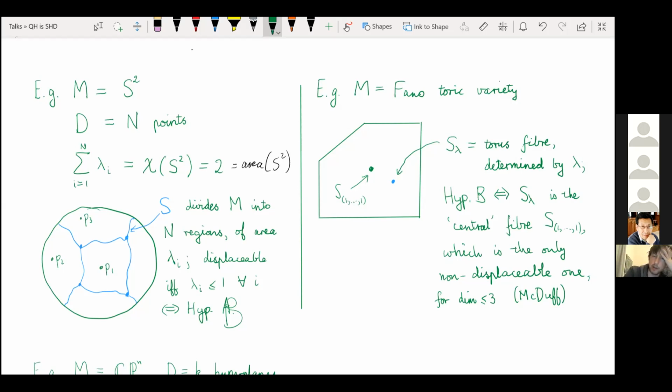You can arrange that the skeleton is a torus fiber, and hypothesis B is satisfied if and only if all the weights are 1, which is true if and only if this skeleton is equal to the central monotone torus fiber, which is known to be the only interesting one Floer theoretically. For example, it's known to be the only non-displaceable fiber when the toric variety has dimension at least 3, by work of McDuff.